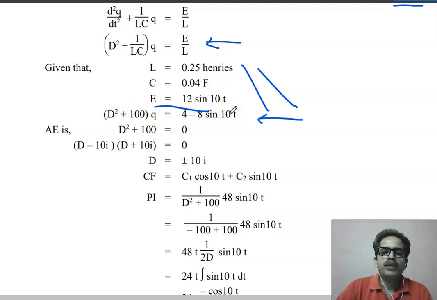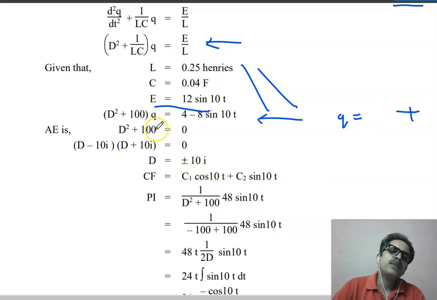Hence the solution will be q equal to CF plus PI. The solution of this equation will be, on the left side there is q, and on the right side there will be the addition of CF and PI. Fine. So we have to find CF first.